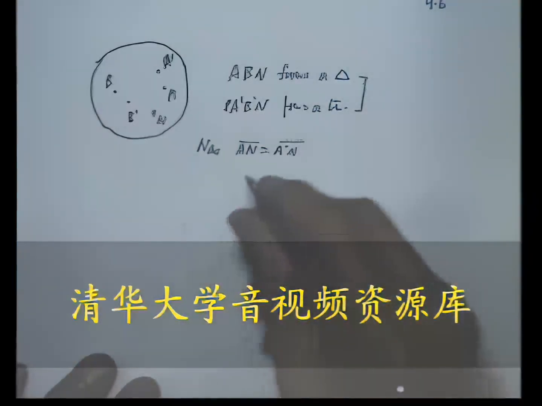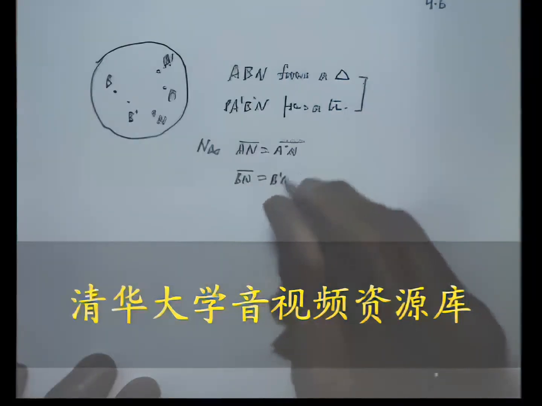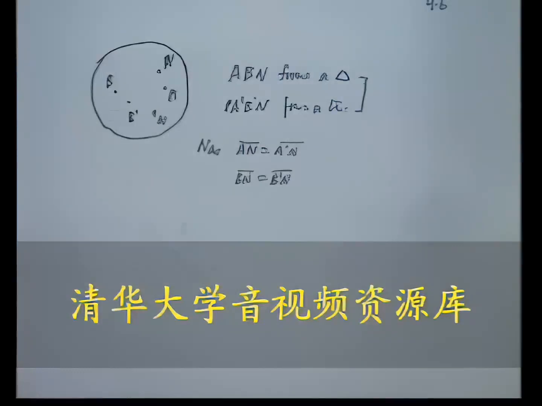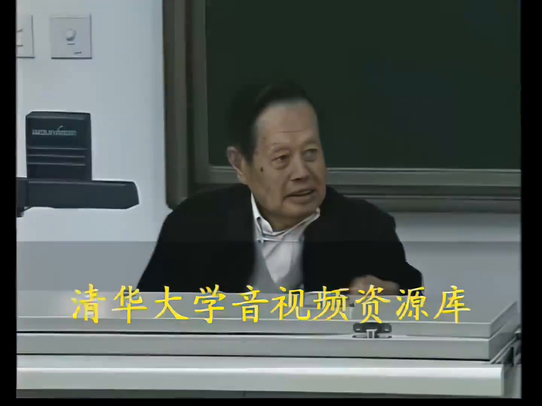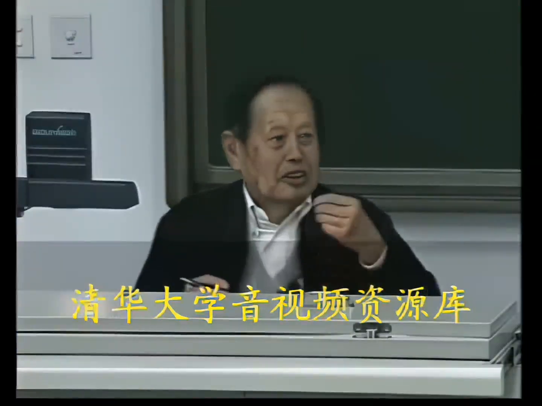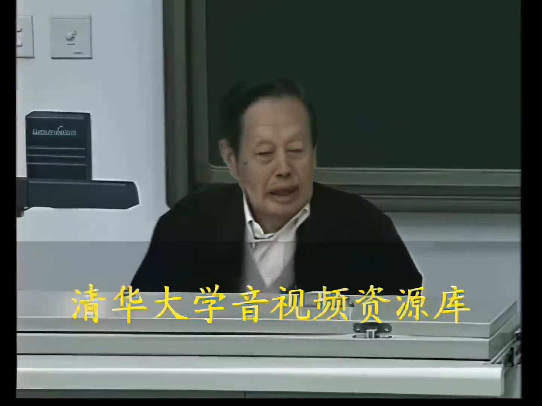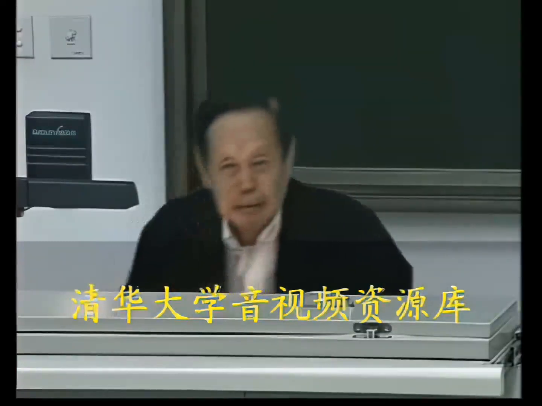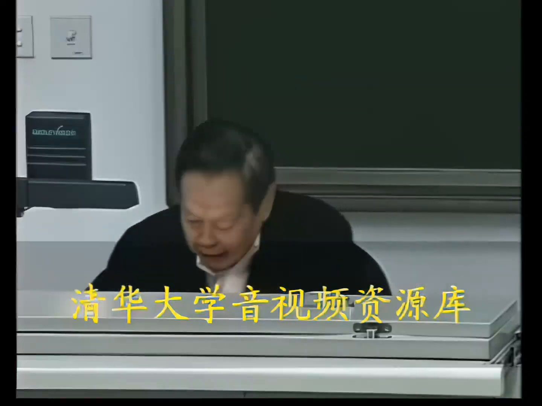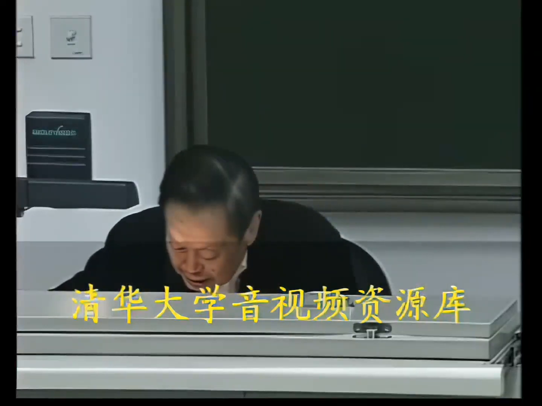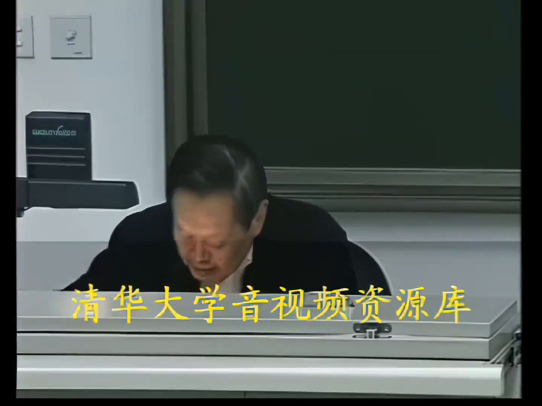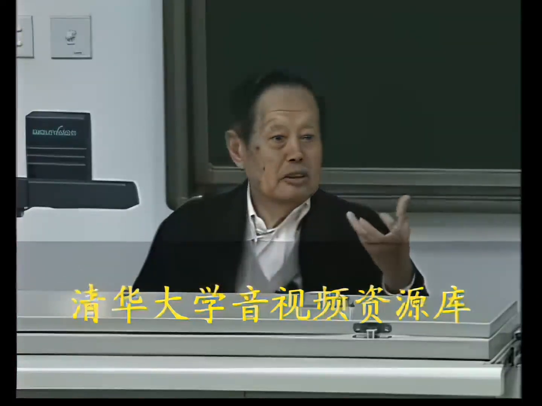For the same reason, the distance BN is equal to B prime N. It is the same construction, because N is on both the first and the second big circle, so on the second big circle its distance to B and B prime is the same. Of course, AB is equal to A prime B prime because it's a rotation.